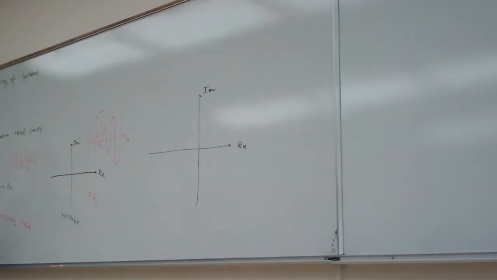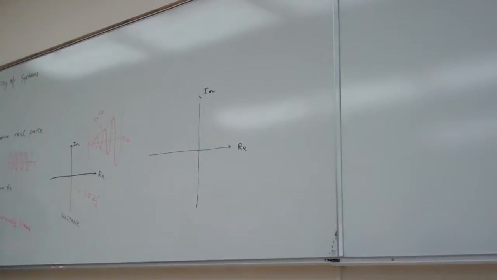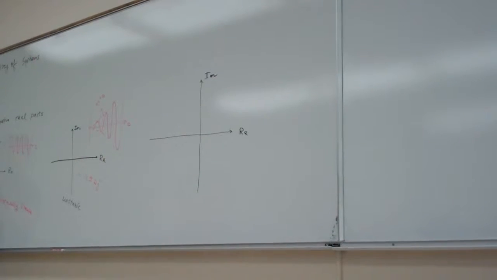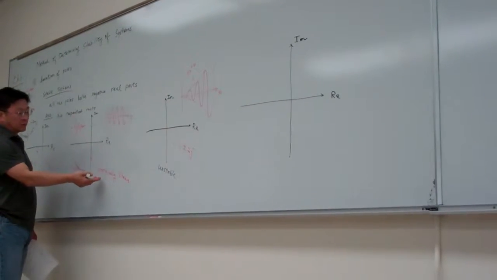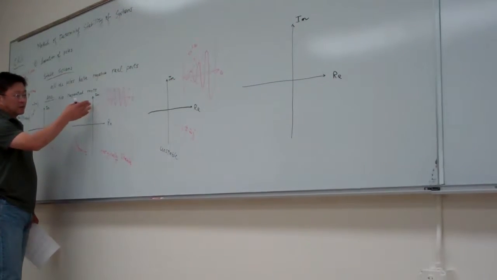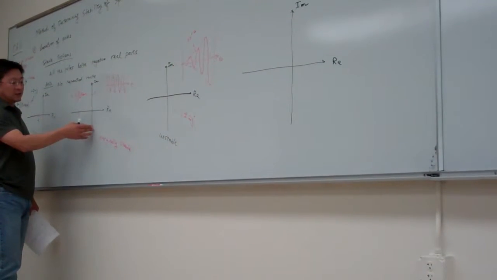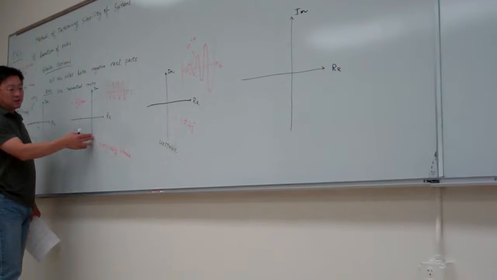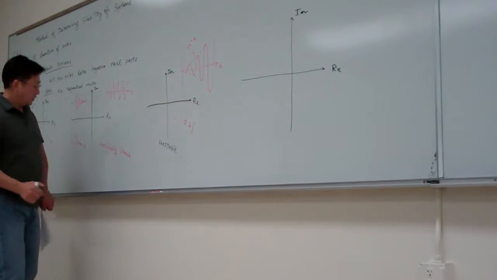Before I introduce the last case, let us review this one. This one is marginally stable, which means the two poles here have only imaginary parts. That is denoting the worst case of the stable systems.